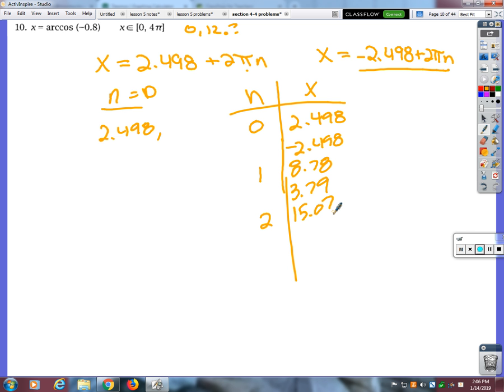It's 10.06. Now that we have these figured out for n equals 0, 1, and 2, we can cross out the ones that aren't in the range. So our 4 answers are 2.498, 8.78, 3.79, and 10.06.